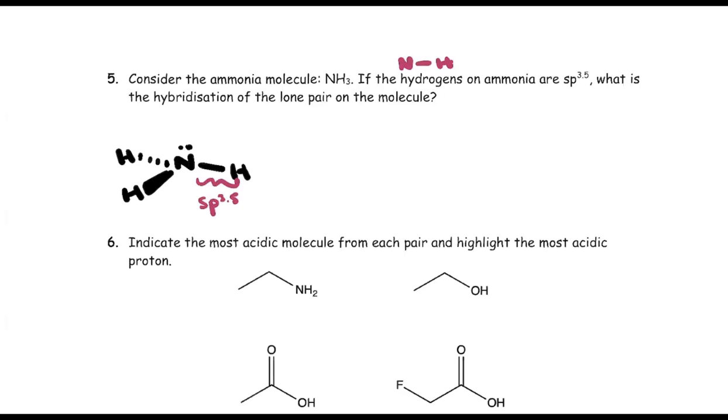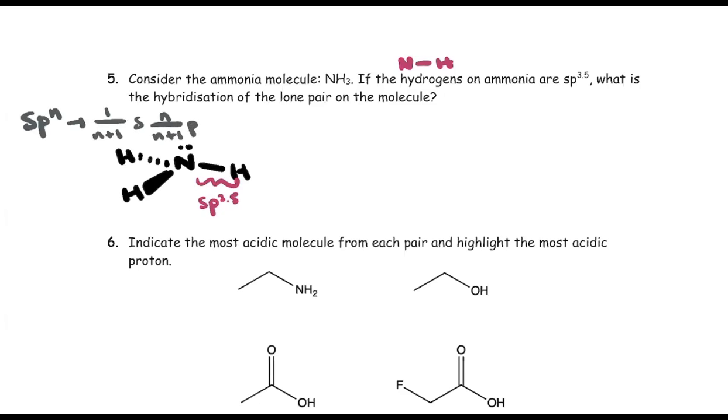Then it doesn't give you the hybridization of the lone pair, so we actually have to calculate it. Before you do this problem, it's good to remind you of the hybridization index. If you have something that's sp^n hybridized, that means it has 1 over n plus 1 s character and n over n plus 1 p character.